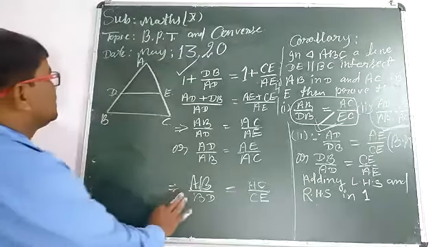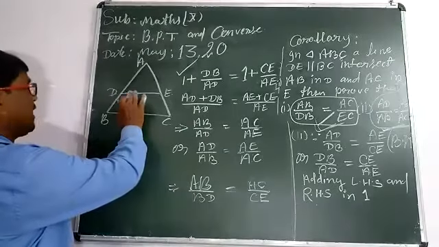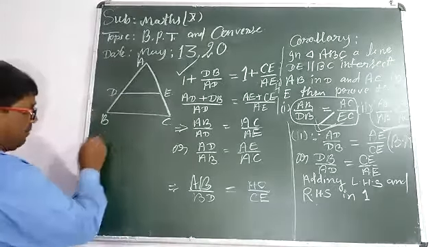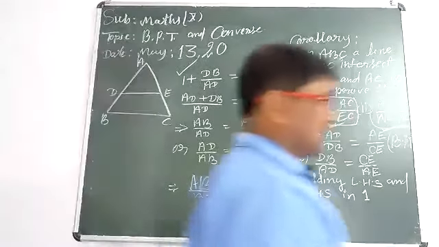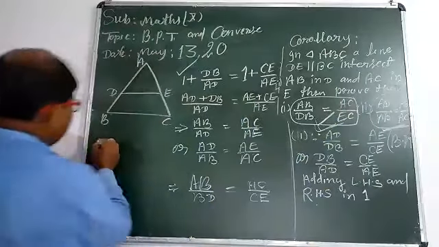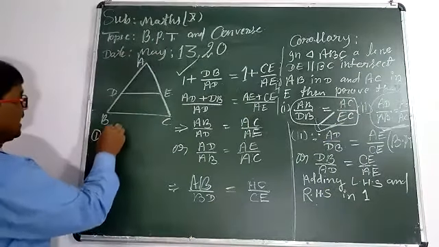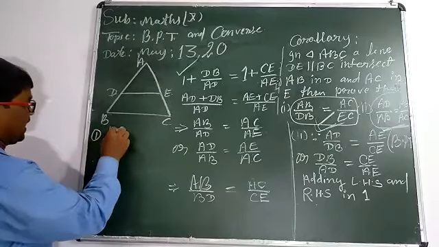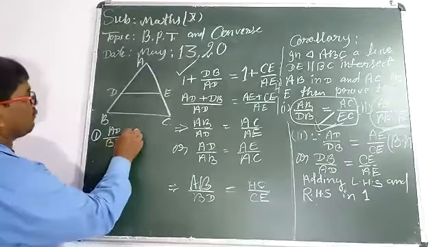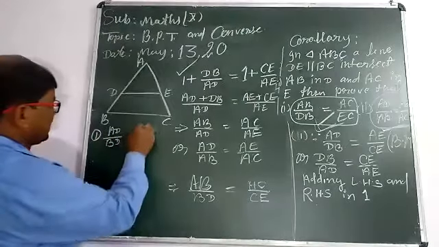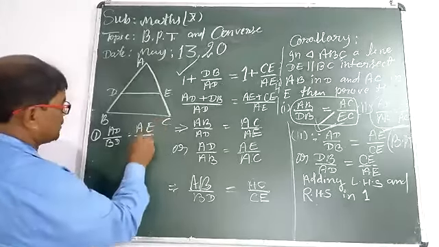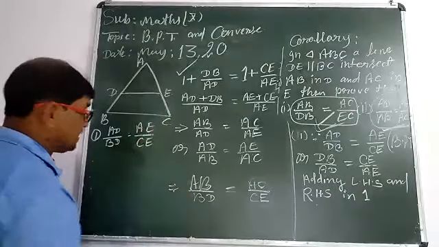Understood now? Check the diagram once again. In BPT, check the BPT now. We should write the summary now. BPT is AD upon BD equal to AE upon CE. This is the BPT.